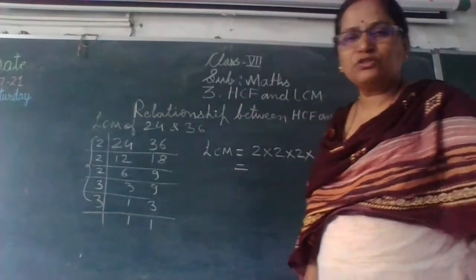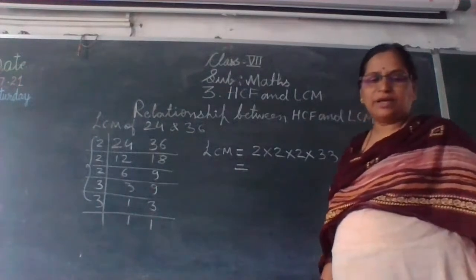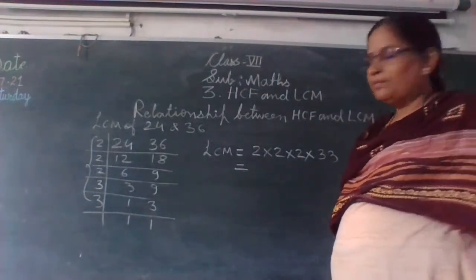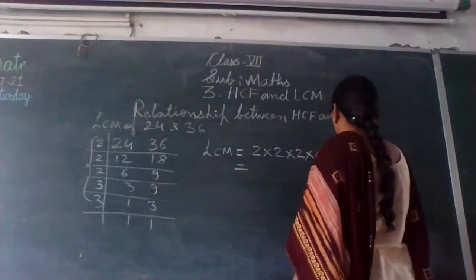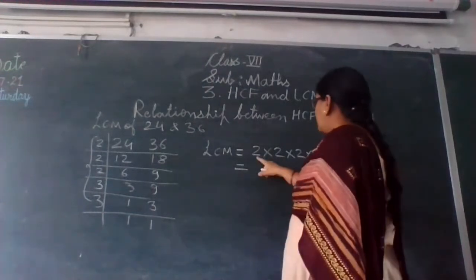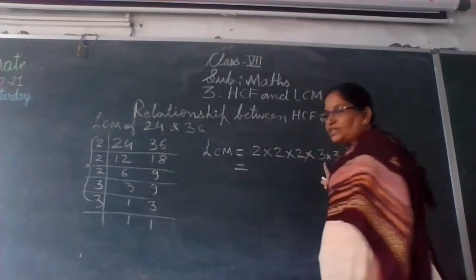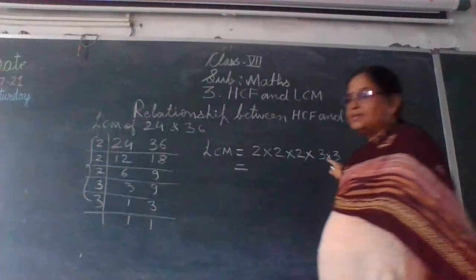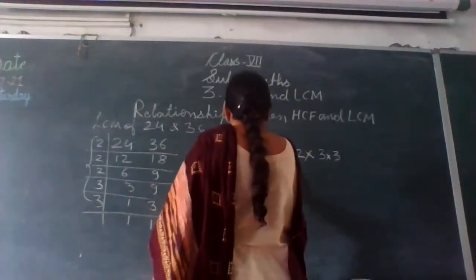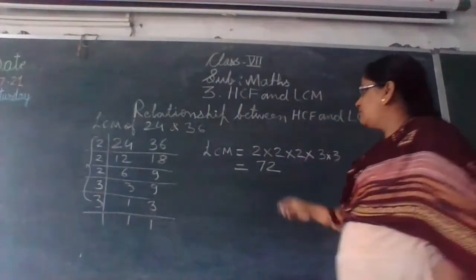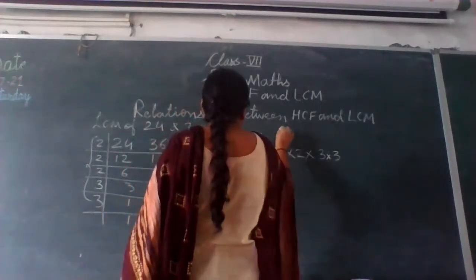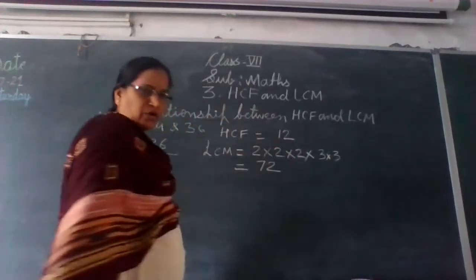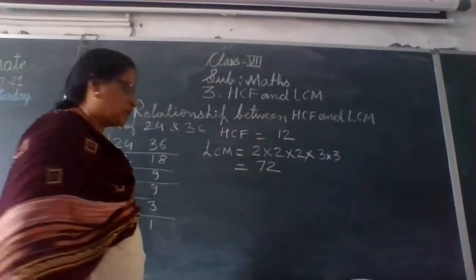What is the product of this? 2 multiplied by 2 multiplied by 2 multiplied by 3 multiplied by 3. 2 twos are 4, 4 twos are 8, 8 threes are 24, and 24 threes are 72. Okay, and we already found HCF equals 12.